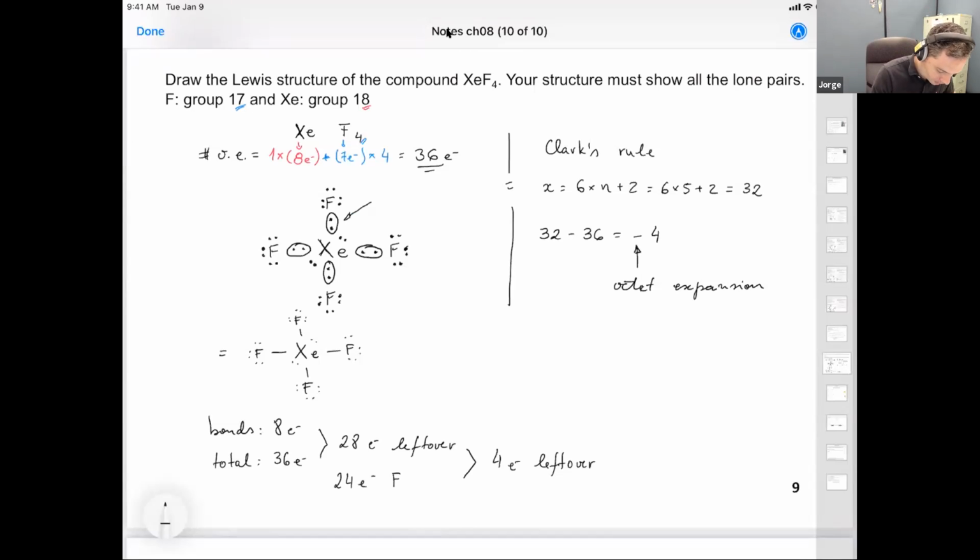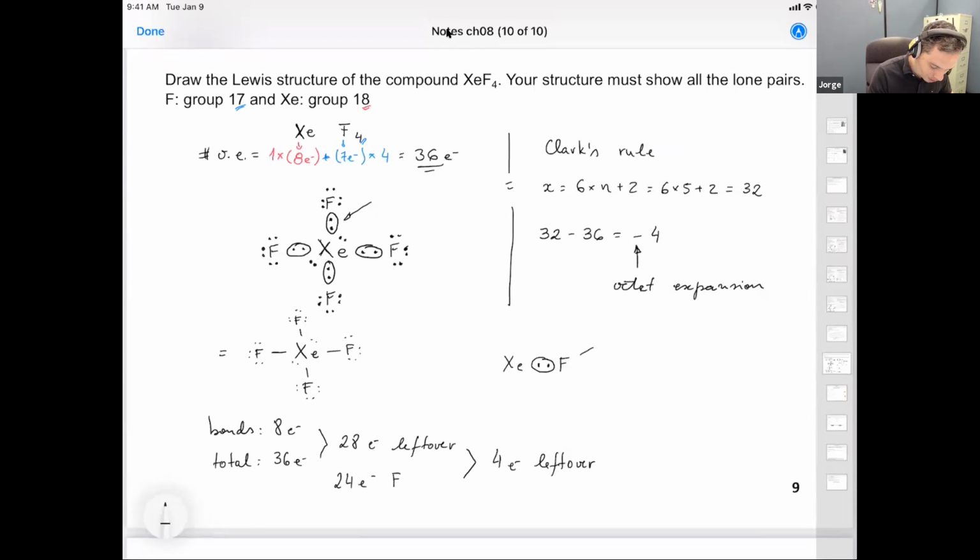So in other words, if we have a bond between xenon and fluorine, ideally the electron pair should be halfway between xenon and fluorine. However, usually the pair is closer to one of the atoms compared to the other one, because different atoms will attract the electron pair with different strength.